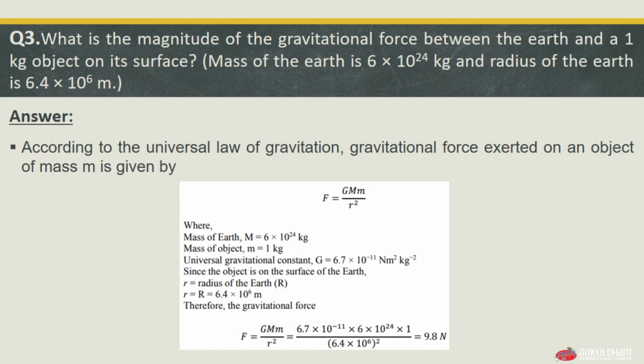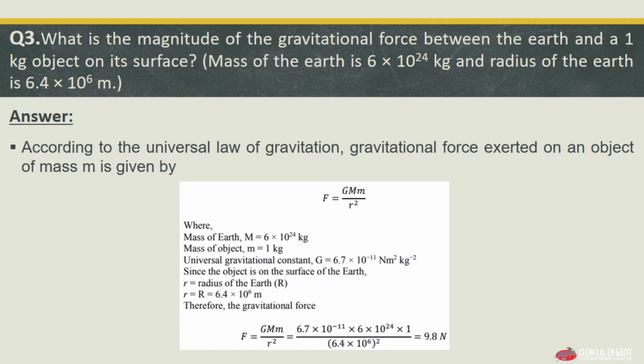The universal gravitational constant G is equal to 6.7 multiplied by 10 raised to minus 11. And since the object is on the surface of earth, the radius R is equal to the radius of earth, which is 6.4 multiplied by 10 raised to 6 meter.